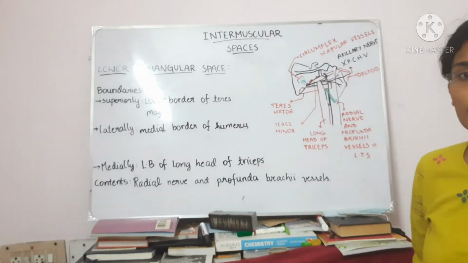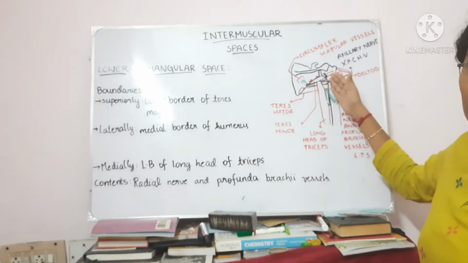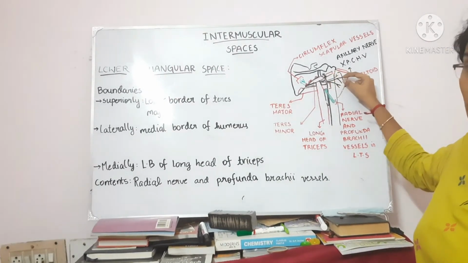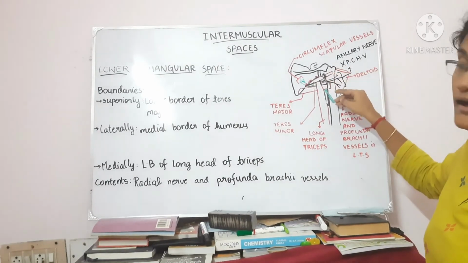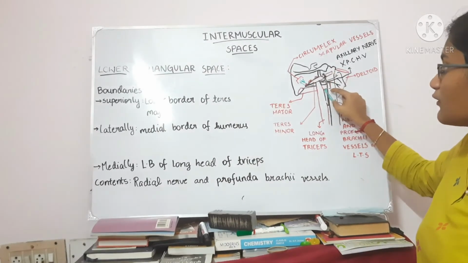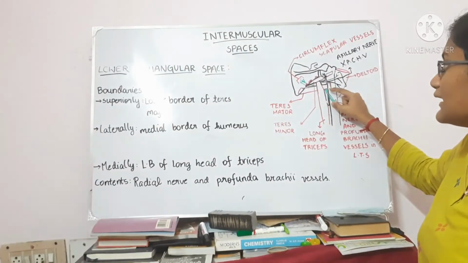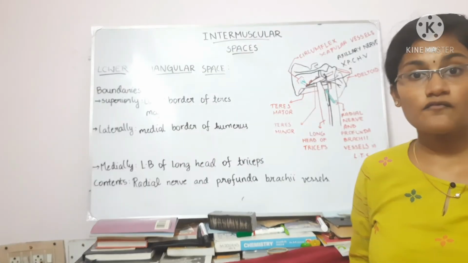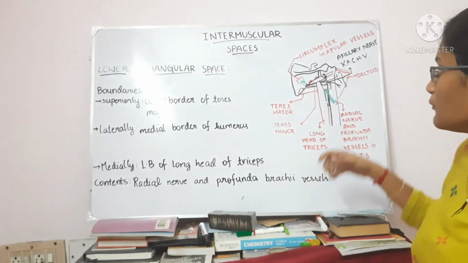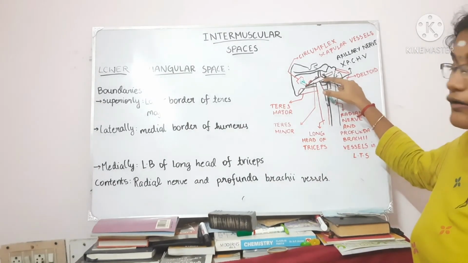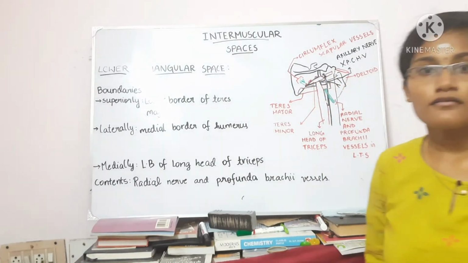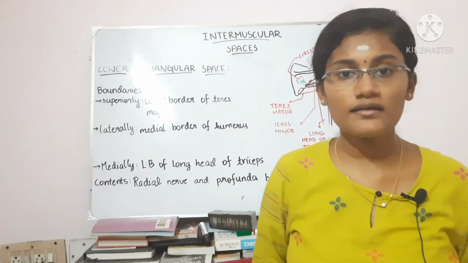And likewise, the lateral border of the upper quadrangular space is made by the surgical neck of the humerus, and since the lower triangular space is below it, the medial border of the humerus will bind the lateral border of the lower triangular space, and the inferior border of the teres minor will bind the superior border of both the upper quadrangular space and the upper triangular space. So those are the three spaces and their boundaries.